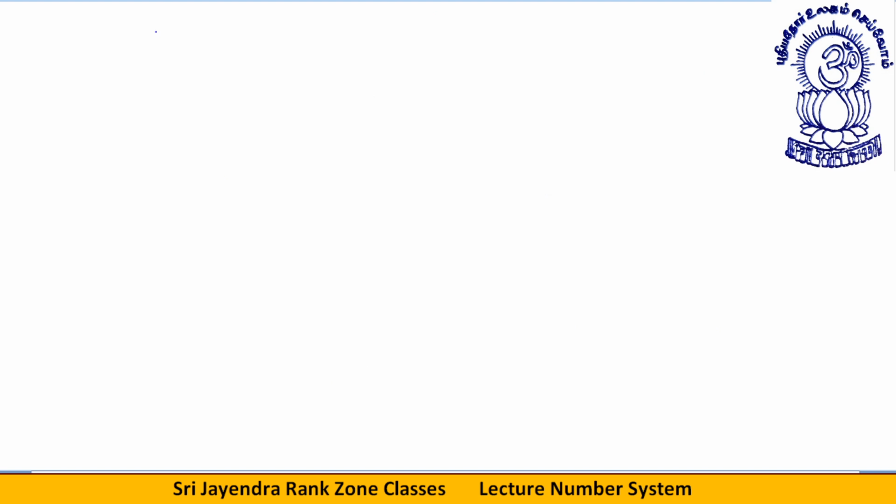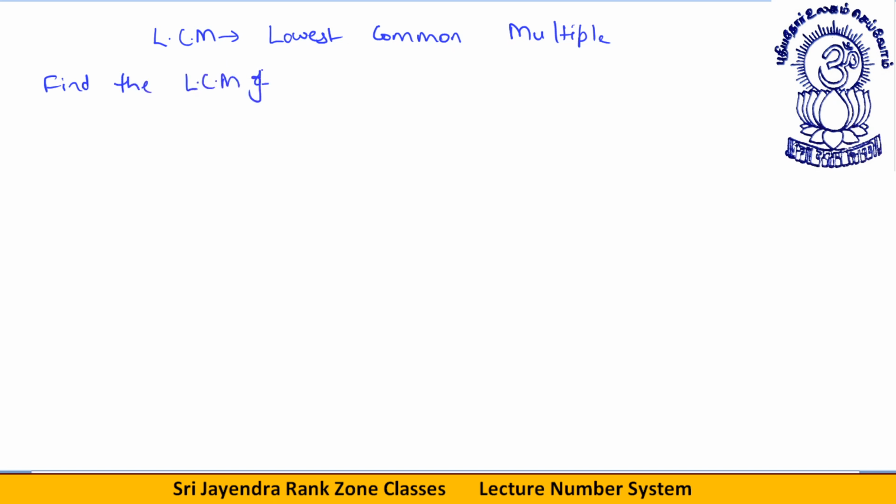Now let's start with LCM, as the full form suggests, lowest common multiple. Suppose I ask you to find the LCM of 3 and 7. See, the word says lowest common multiple. Let's see. First of all, let's write down all the multiples of 3.